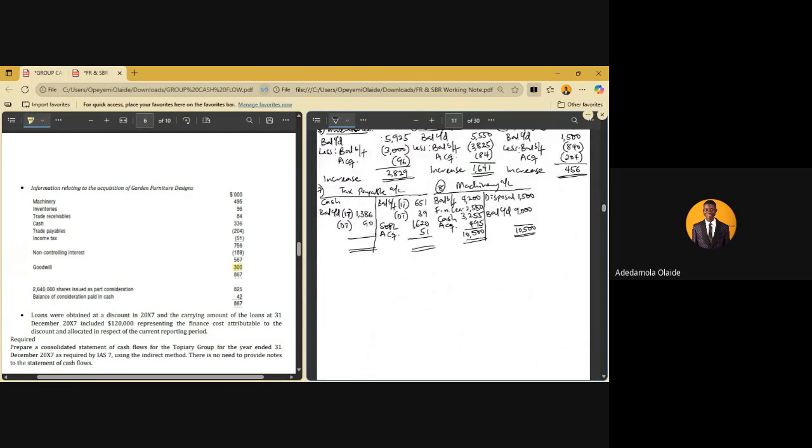What do we have for the tax? 885 as the difference, or as cash paid, total? Yes. The total is 2361. The cash paid is 885.